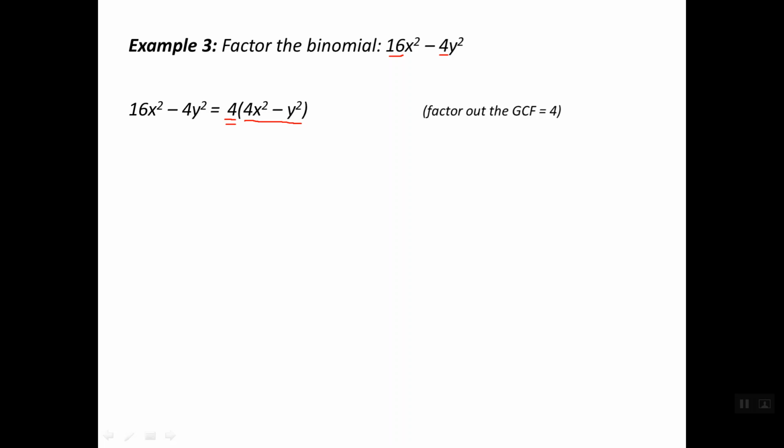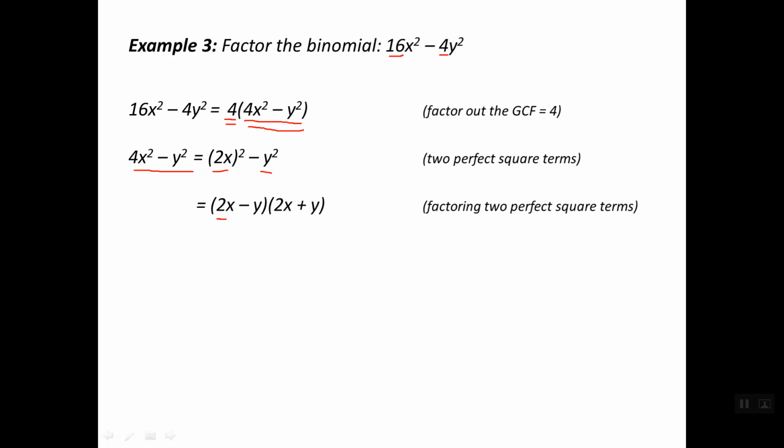We should keep the 4 here, and we should deal with this value, which is 4x squared minus y squared. It can be converted into 2x all squared minus y squared. So we have here two squared terms, and we have a subtraction sign in between. So we can use the formula now.